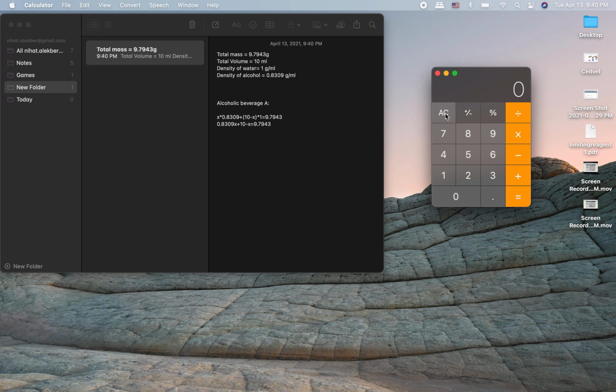And we will get 1 minus 0.8301 should equal 0.1699x.